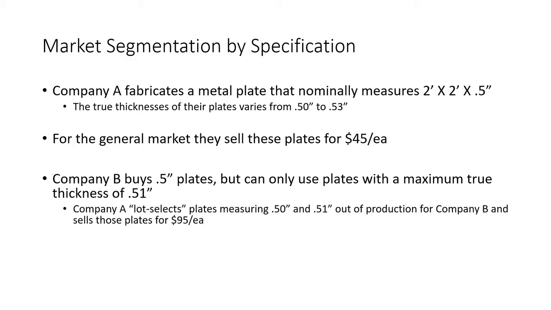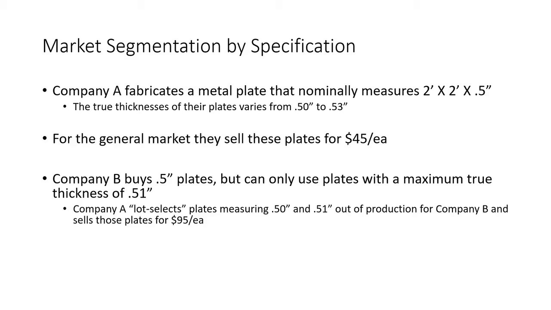And so Company A, the producer of the plates, is able to satisfy that requirement by Company B by going out into their finished good inventory and selecting those plates that measure exactly 0.50 inches and those plates that measure exactly 0.51 inches. And those are the plates that they supply to Company B.